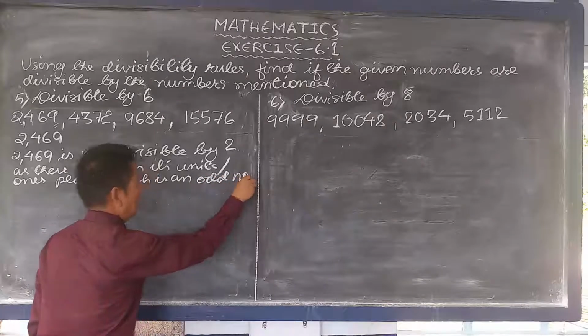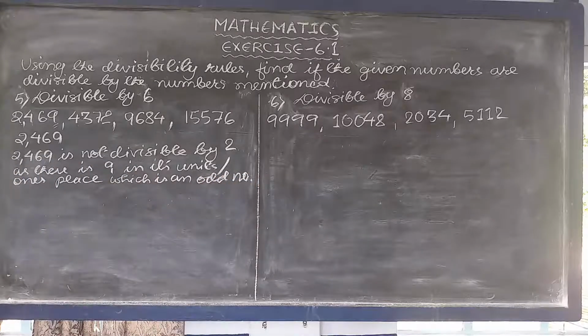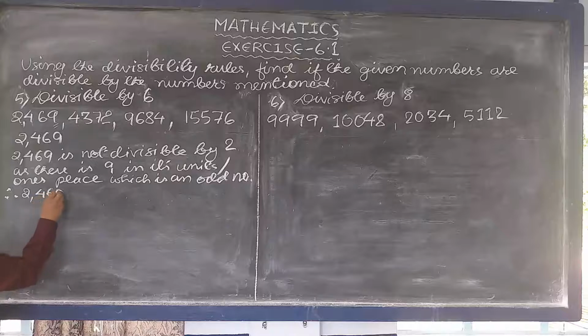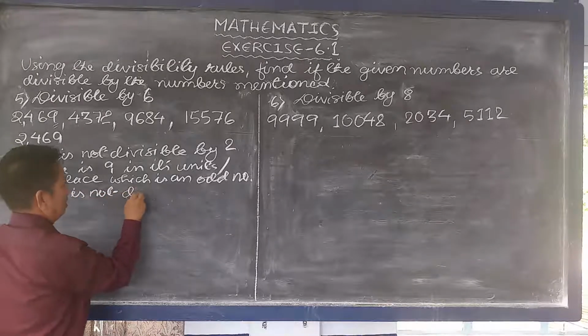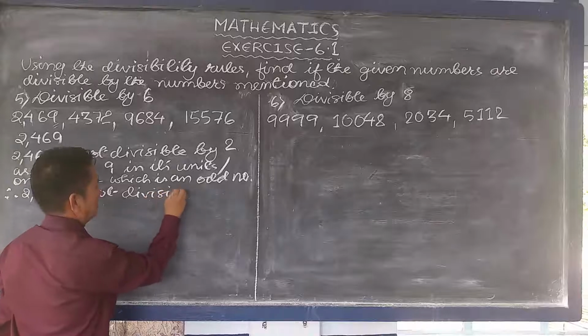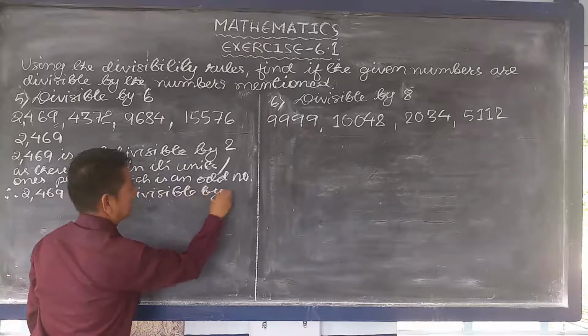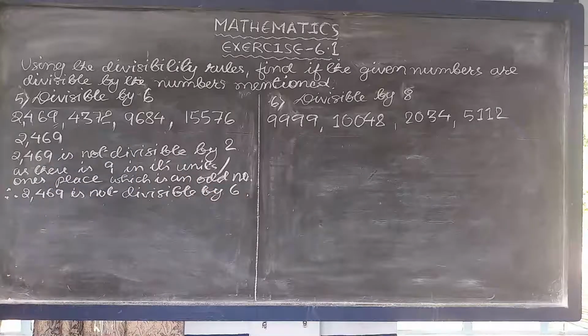I'll write n dot. Now here, I don't write the sum of the digits because there is no space for the next question. So therefore 2469 is not divisible by 6.